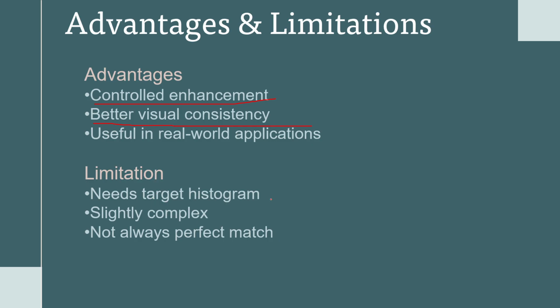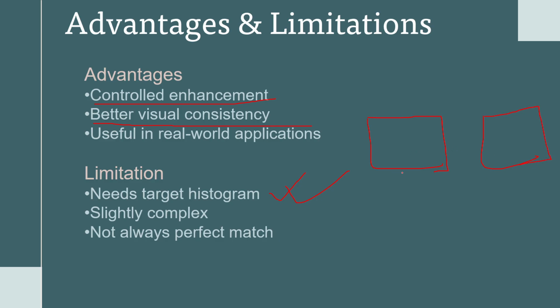There are three limitations in this. The first one, we require the target output. Target output means your target histogram, and it is slightly complex and not always a perfect match. Suppose this is your original image, original histogram, and this is your target histogram.